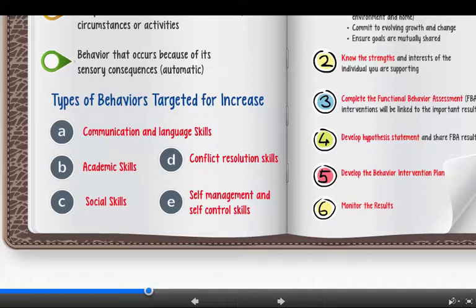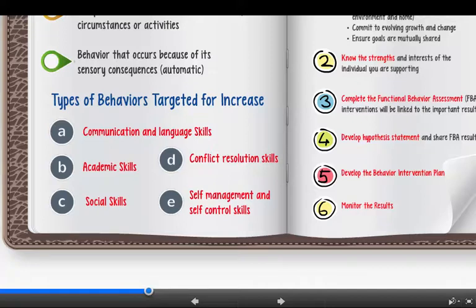For other individuals who are working exclusively in home-based settings, you may not be working on any academic skills at all because the funding source, for example, an insurance company, does not allow for you to be addressing what should be addressed in school. But your BCBA supervisor will give you clarity with respect to that. Just make sure that you understand what is allowable and what is appropriate to be focusing on depending on the context in which you're working with an individual.